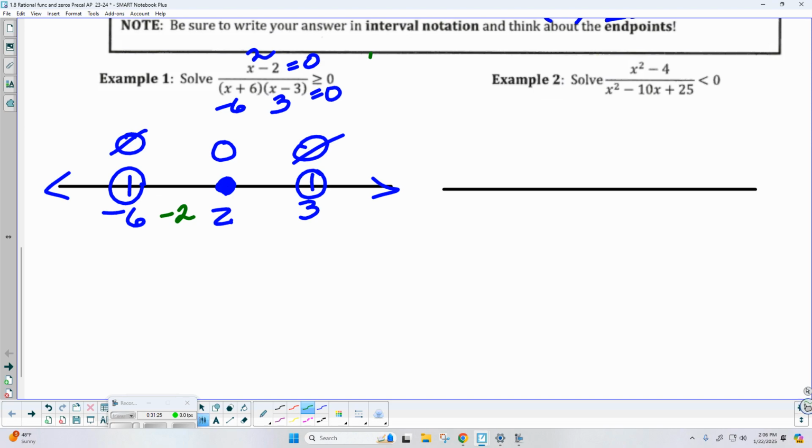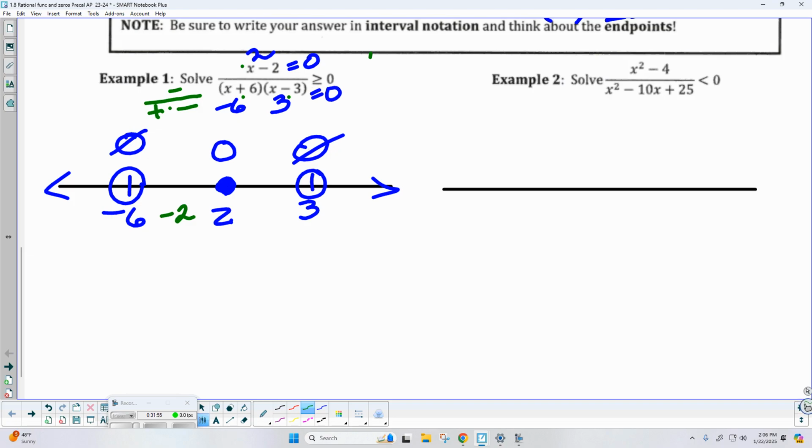Now, because I have a rational function, I'm going to represent each of these 3 groups with just a positive or a negative. So a -2 minus 2, that's a negative number. See, that's at the top of the fraction. So I'm not interested in the value. I only want to know, again, positive or negative. Okay. Now, a -2 plus 6, that's a positive number. And -2 minus 3, that's another negative number. So you see how I'm representing each group with just a symbol?